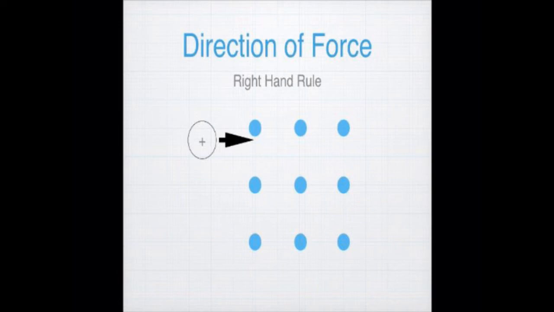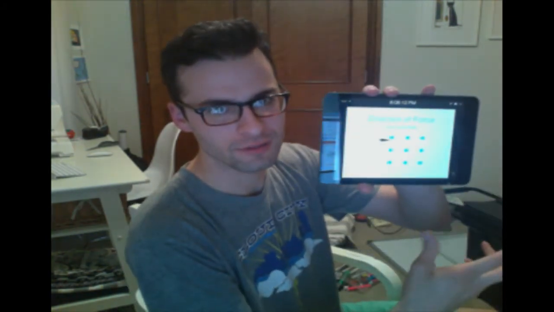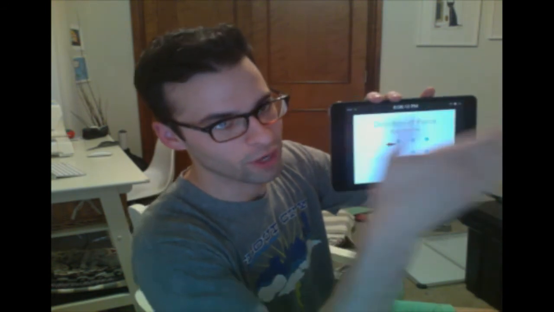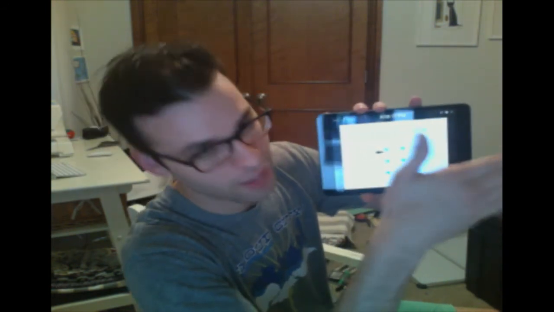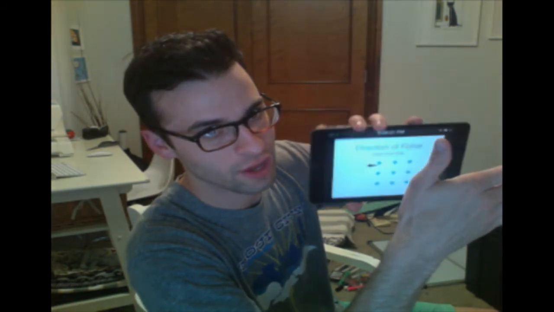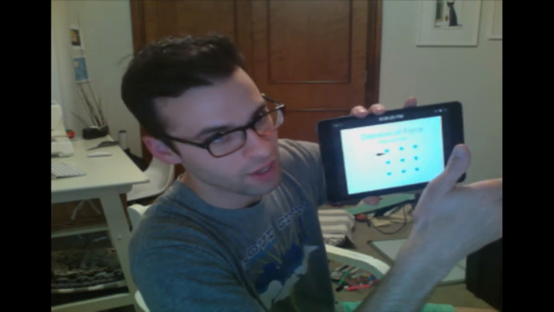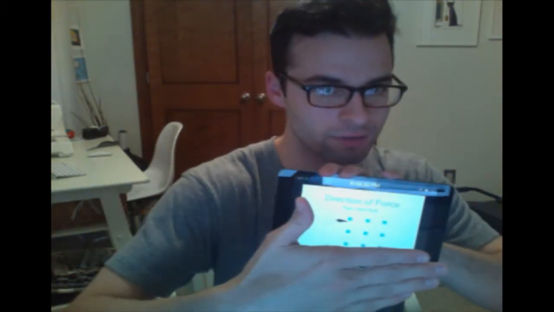I'm going to show you how to do this with my own hand. So here's what you've got. I'm pointing my fingers in the direction of the velocity of the charge. I then curl my fingers in the direction of the magnetic field. My magnetic field is coming out away from me, so my fingers are pointed in the direction of the velocity.